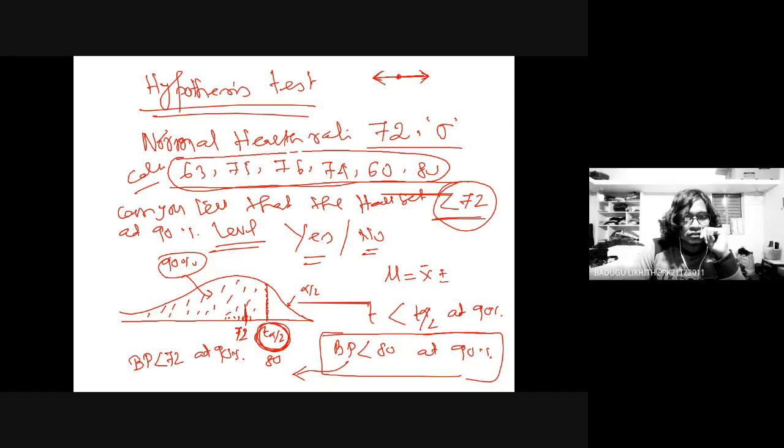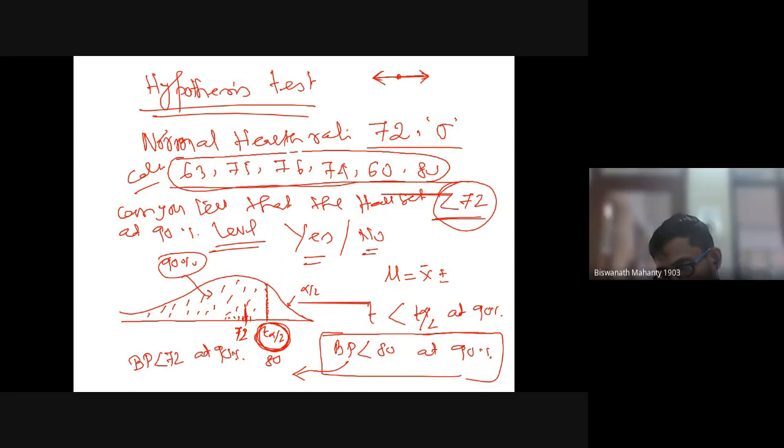No. You have to understand this logic clearly. Let me tell you one thing. I am telling you that you will get less than 80, 99% confident. I can be fine, no issue. But if I say you will be less than 50, 99% confidence, can I say like that?